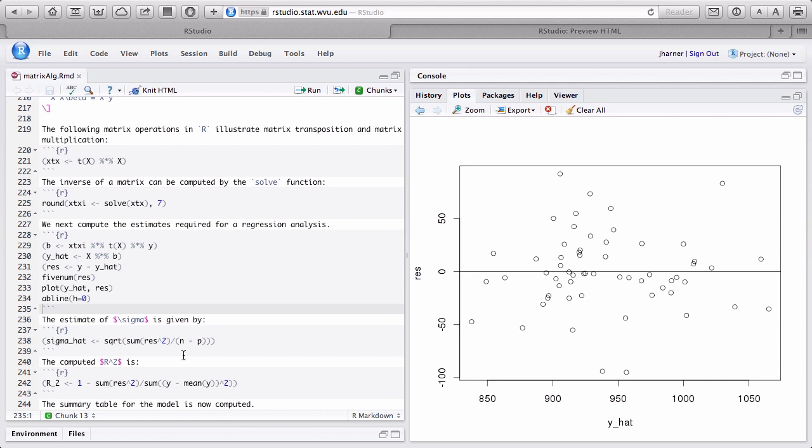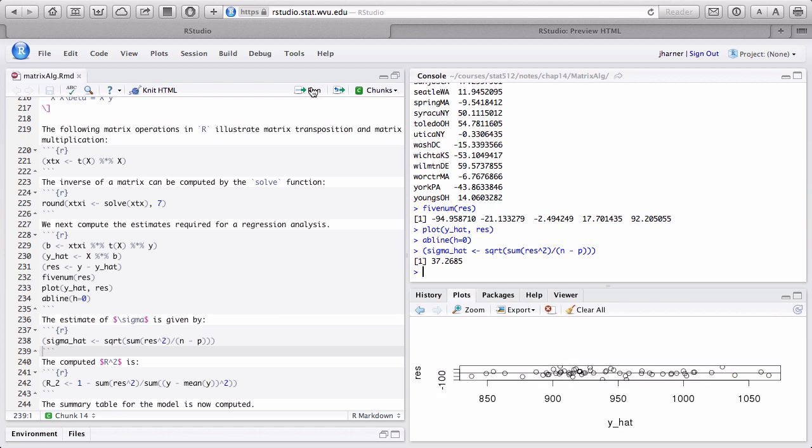That's what I called in the book S sub y dot x. It's the square root of it, not S squared sub y dot x, but S sub y dot x. And so if I get sigma hat, that's the variability about the regression line.